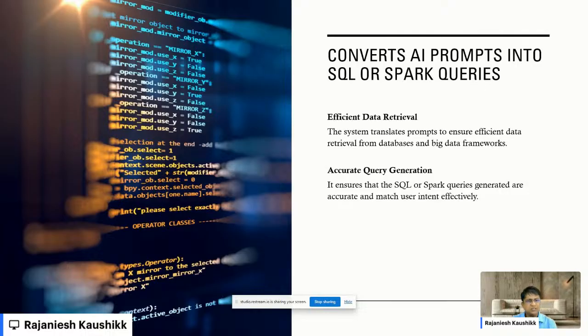So it translates your English language to efficient SQL queries or Spark based queries, and then it makes sure that those queries are accurate. It makes sure that it is creating the queries for the user based on the prompt, right? So that is the beauty of this tool.